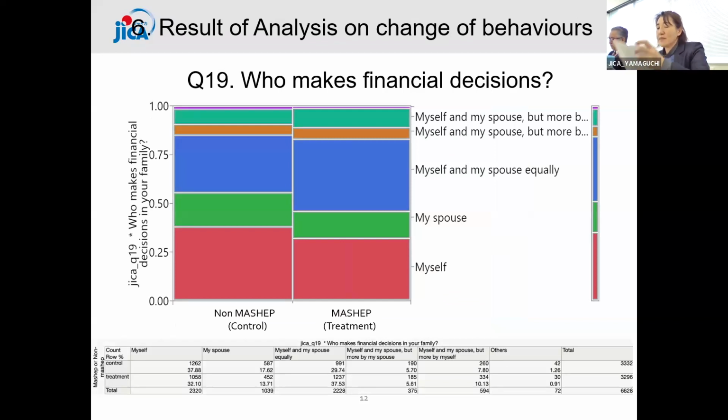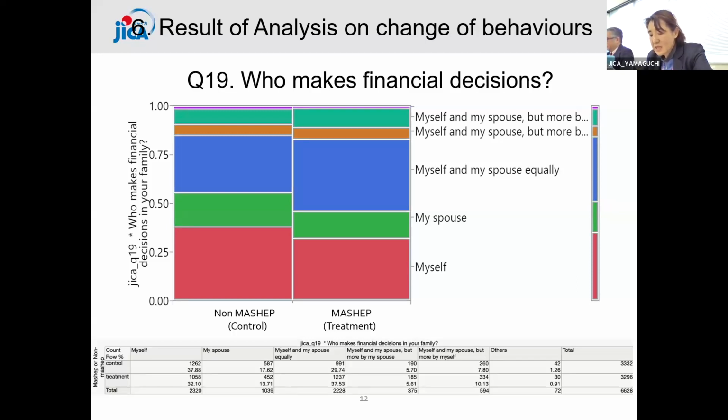The next slide shows question number 19: Who makes financial decisions? In this graph, responses are classified into various colors. I just highlight the answer indicated in blue.